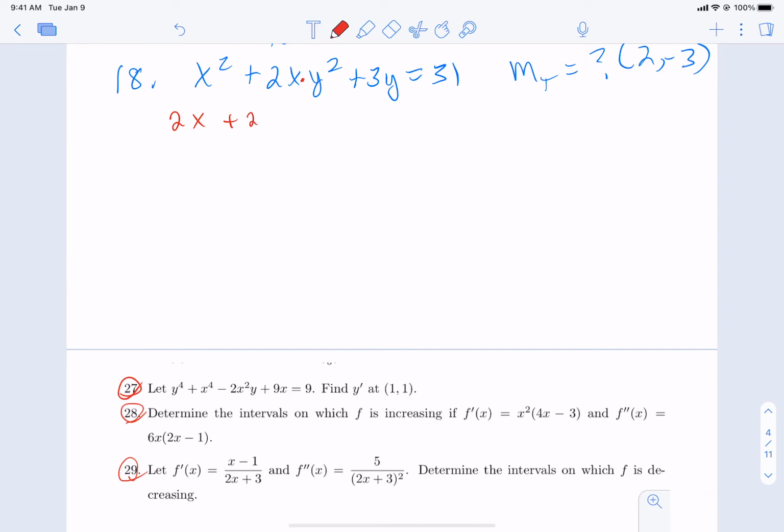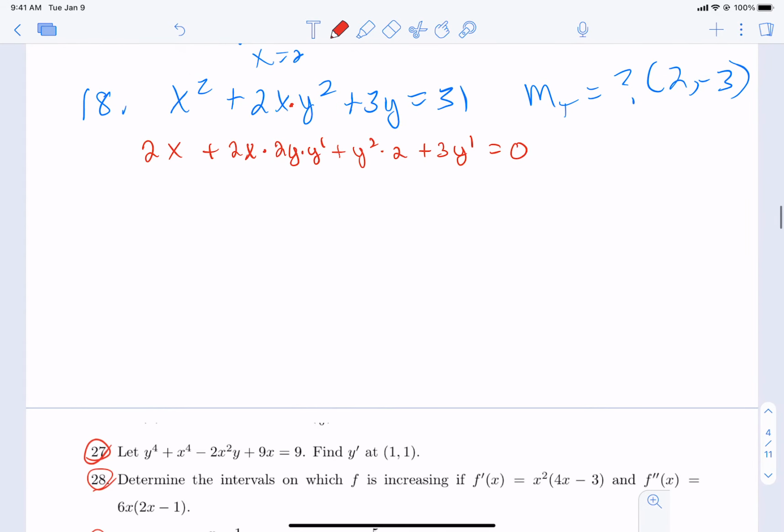The derivative of y squared is 2y times the derivative of the stuff, which is y prime, plus the second times the derivative of the first. The derivative of 2x is 2. The derivative of 3y is 3y prime. The derivative of 31 is 0. So that is our first derivative.